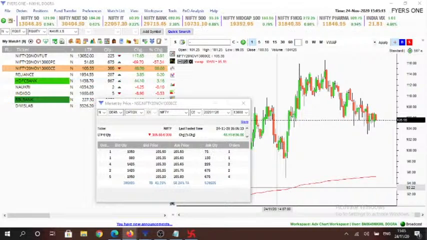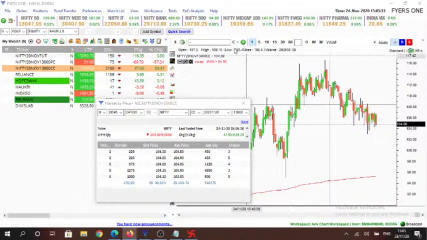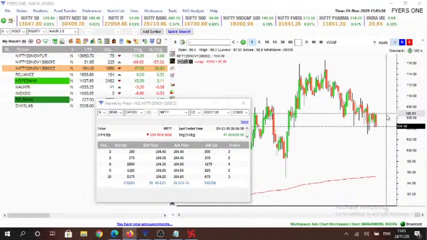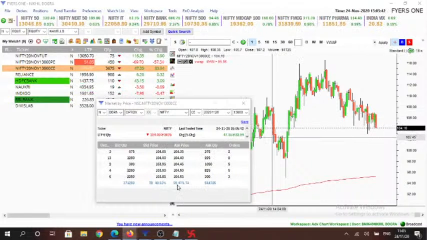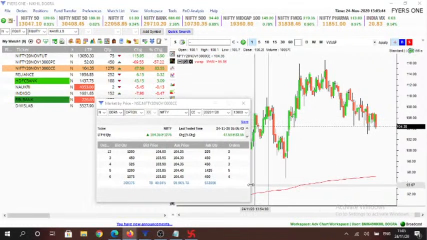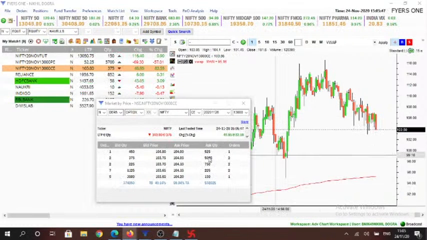I'm just scanning for news right now. Not many traders do that. They don't observe it. Observe 1 minute chart and follow the market depth. Try to find patterns in price action.